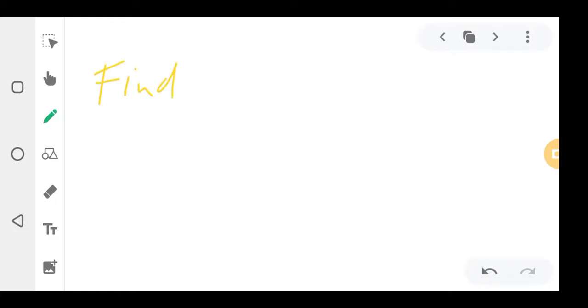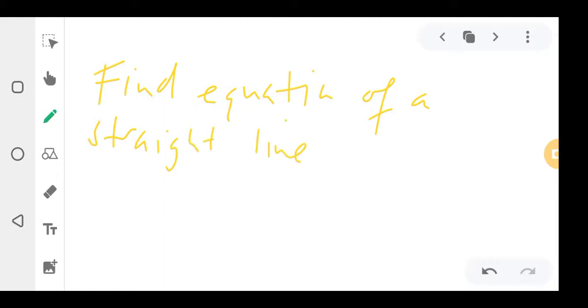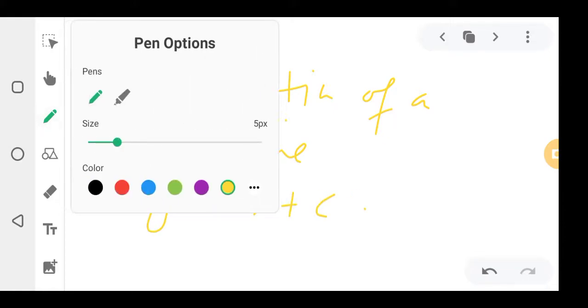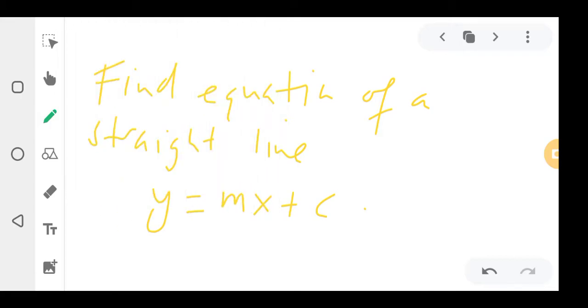Final equation of a straight line. Again, you write the same formula again. y is equal to mx plus c. But you remember I said in the final equation, you don't substitute y and you don't substitute x.